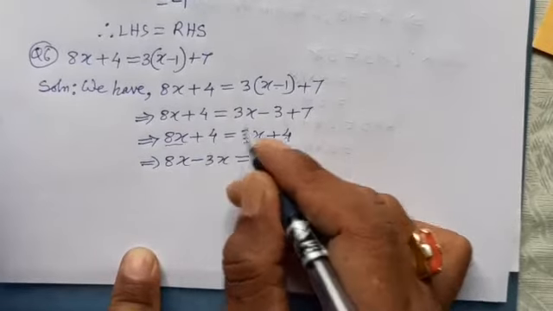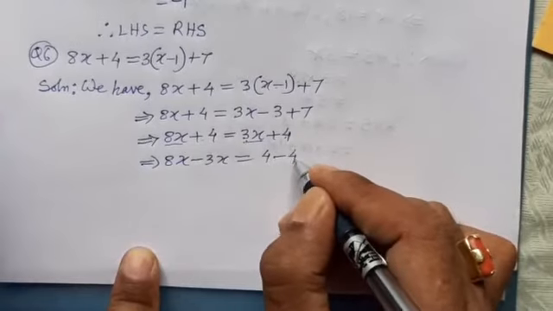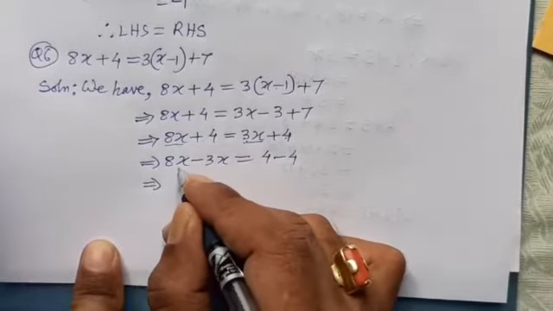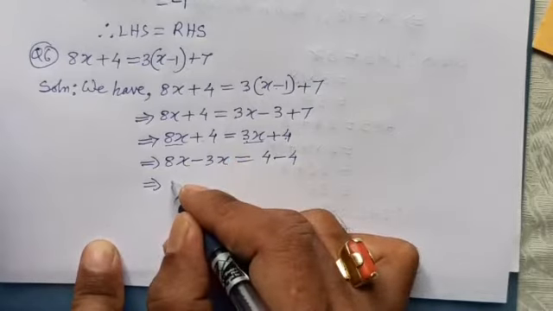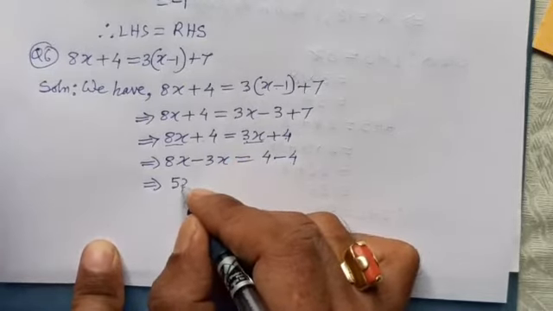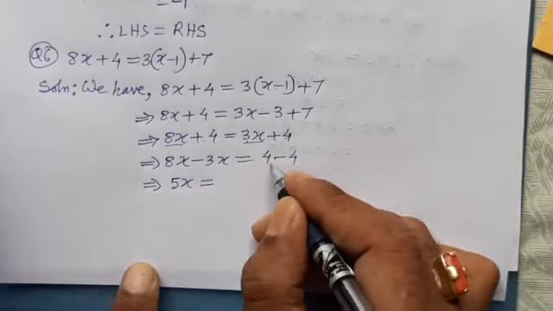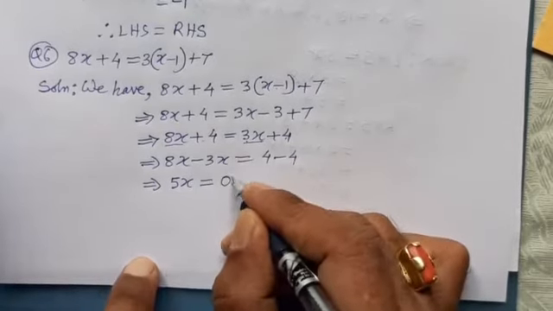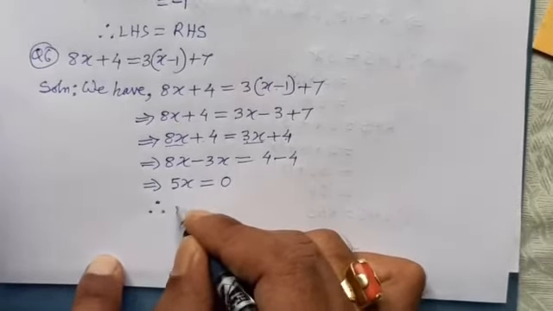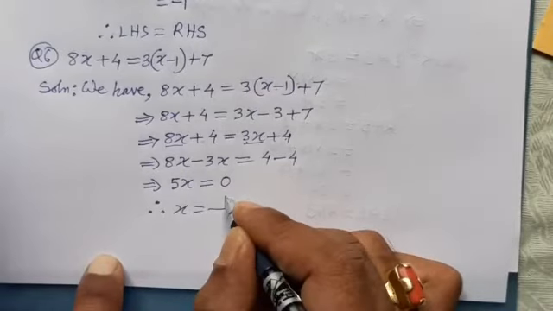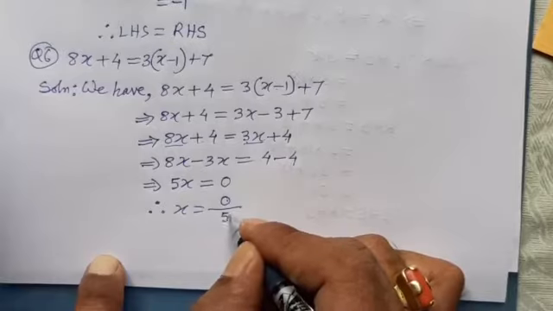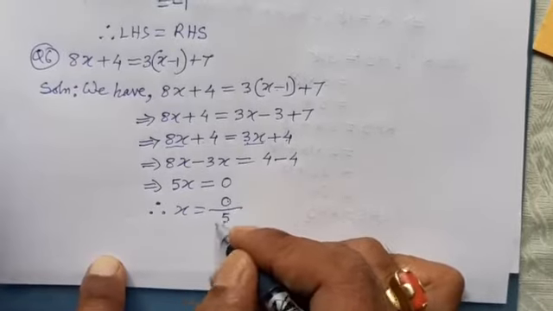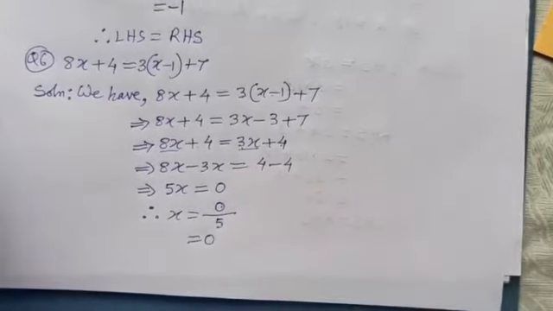Plus 4 is transposing to the other side, then minus 4. 8x minus 3x, if we subtract, we'll get 5x is equal to 4 minus 4, which is 0. Therefore, x is equal to 0. If 5 is transposing to the other side, 0 will be divided by 5. If 0 is divided by 5, then the answer is 0.